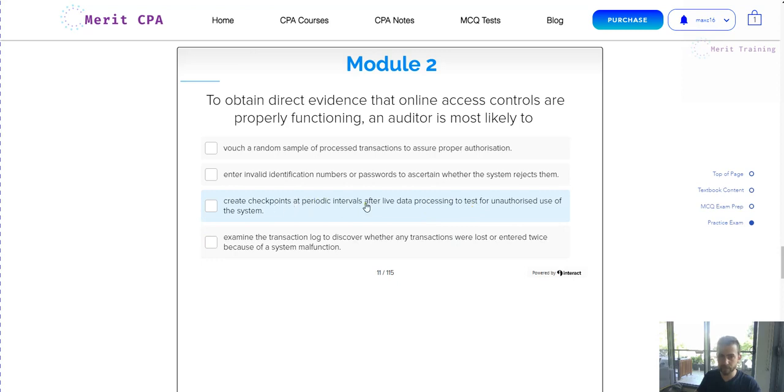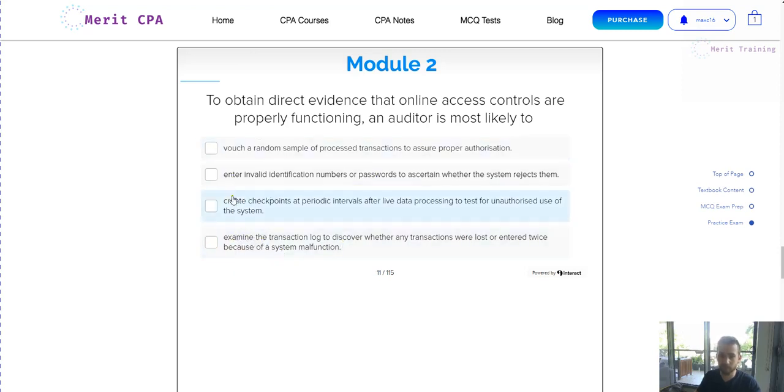They're still creating checkpoints and then referring to GL data for whether this is properly functioning. So it is an example, but it's just not direct evidence. And same with this one here. So examine the transaction log to examine whether any transactions were lost or entered twice. It's exactly the same as this one. Probably an OK control check, but it's just not direct.